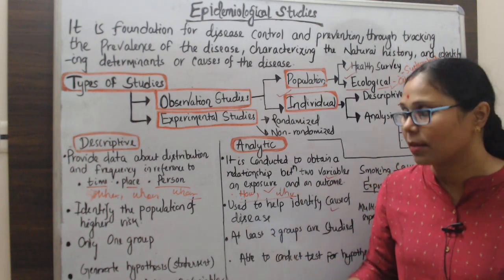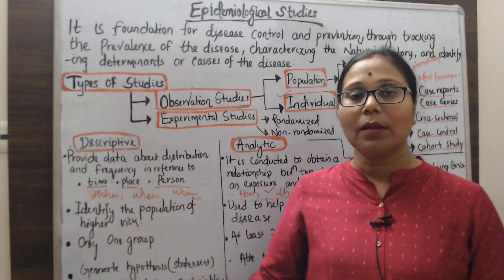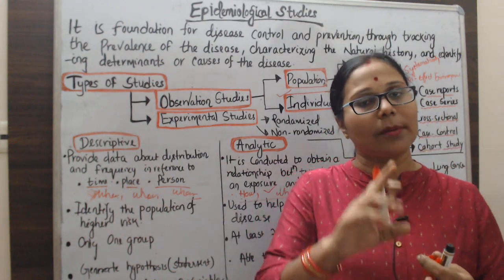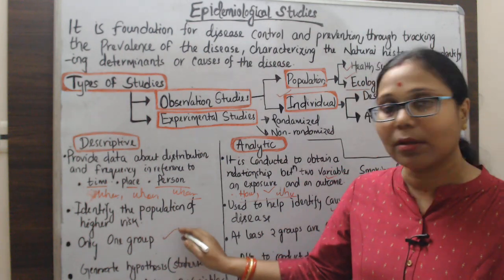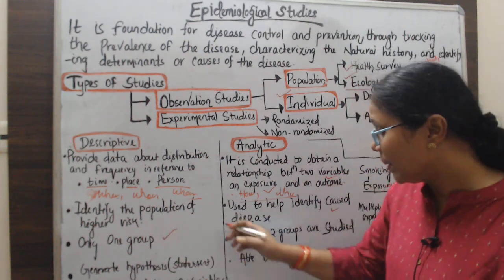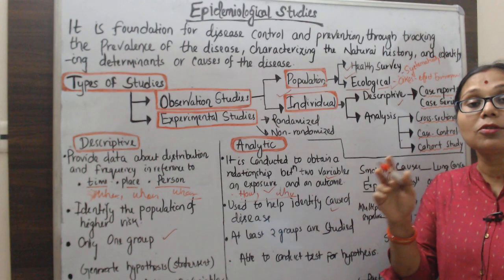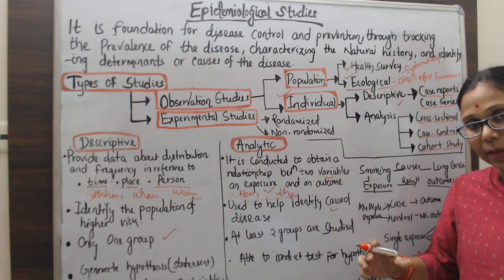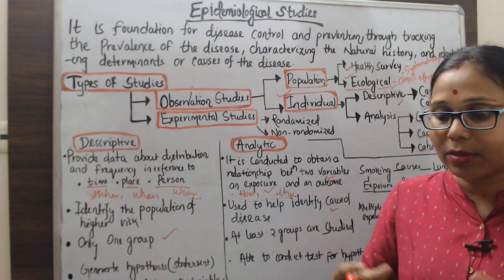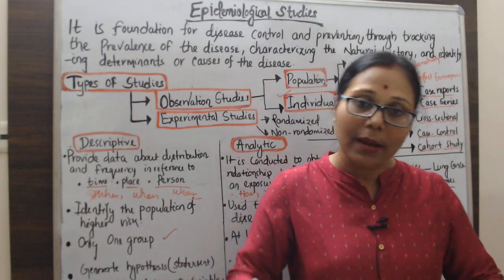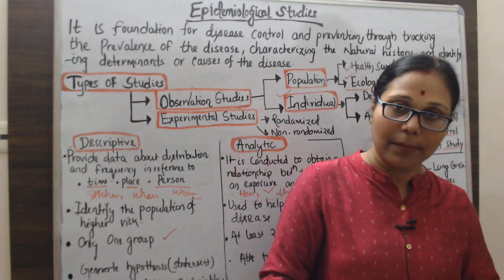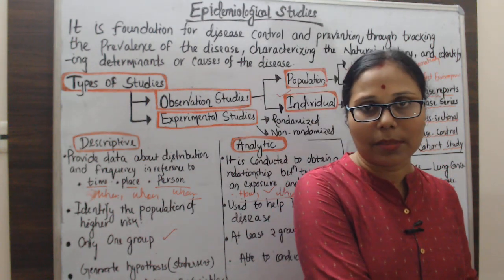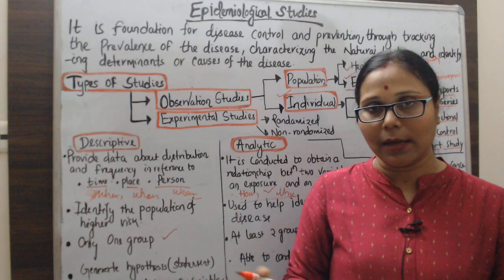In descriptive, we study the whole as one group. There are no subgroups. But in analytic, there are at least two groups. We divide the individuals into two groups and study them by continuous exposure and see what outcomes come out. So this is the analytical study.